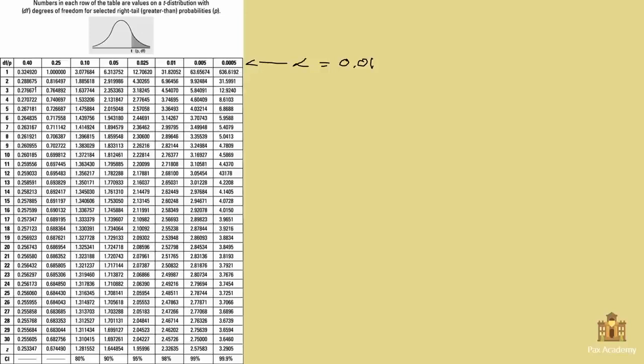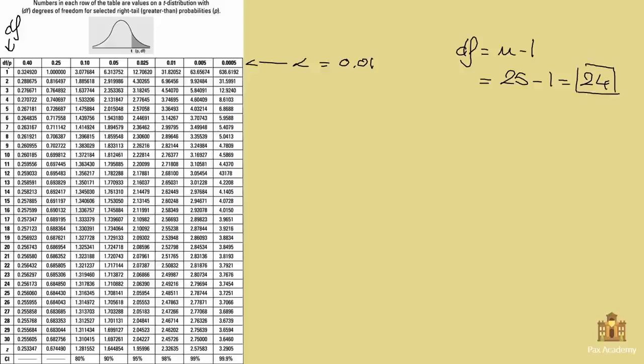And then we have the degrees of freedom here. In order to calculate the degrees of freedom, the formula is n minus 1. In our case, the sample size is 25, so we do 25 minus 1, which is equal to 24. So these are our degrees of freedom.